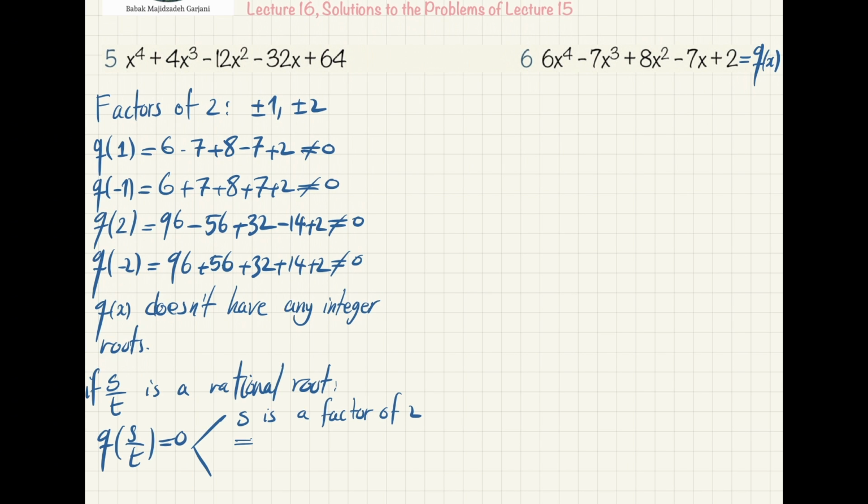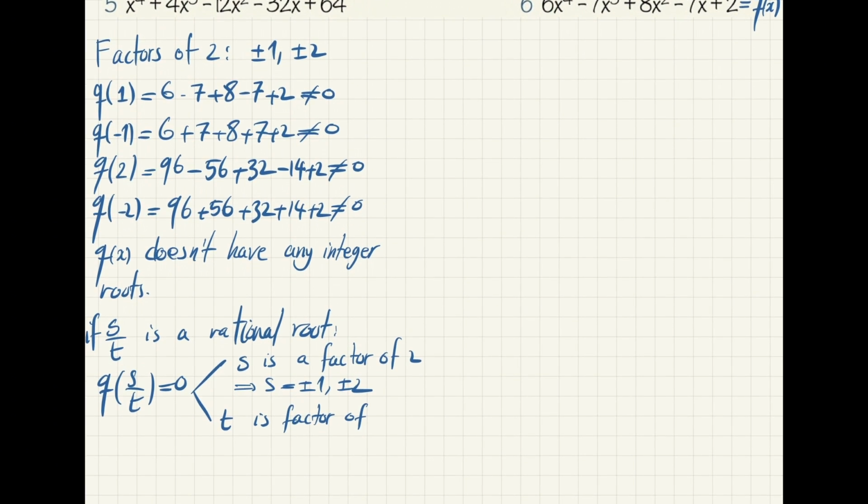So this means that s is plus or minus 1, plus or minus 2, and t is a factor of this number 6. So this means that t is plus or minus 1, plus or minus 2, plus or minus 3, and finally plus or minus 6.